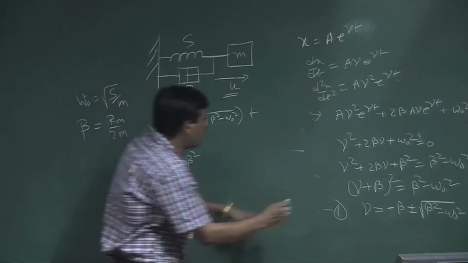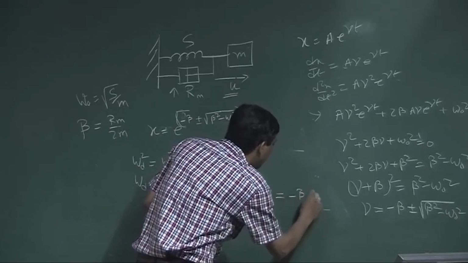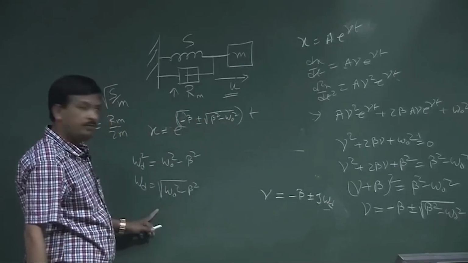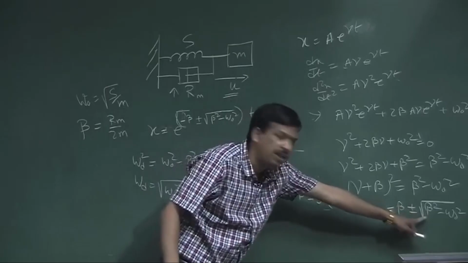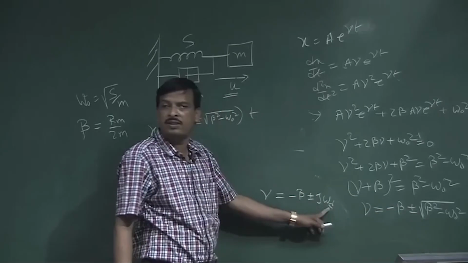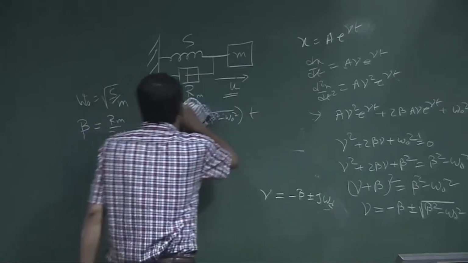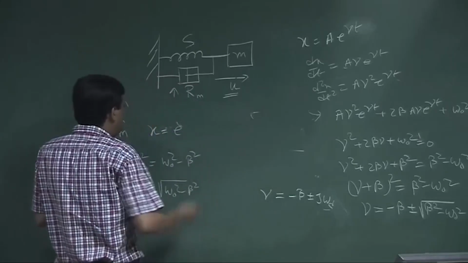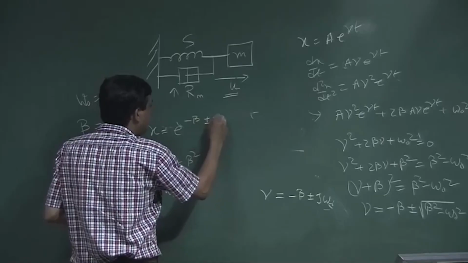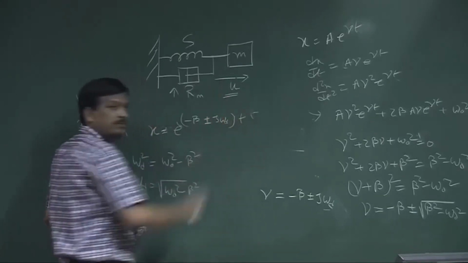So, if I put that in the gamma, gamma is nothing but minus beta plus minus j omega d. The minus sign will be common, and the root of minus 1 means j. So, plus minus j omega d. So, I can write that x is nothing but A e to the power minus beta plus minus j omega d into t.